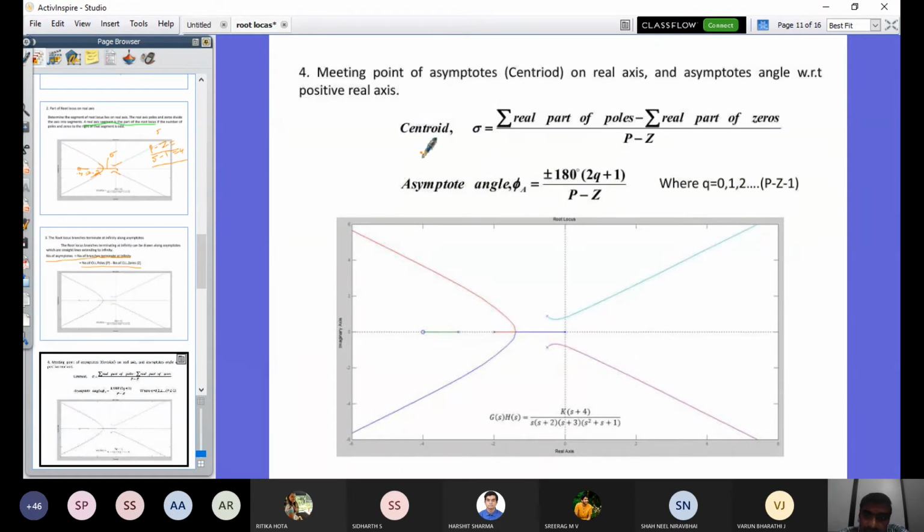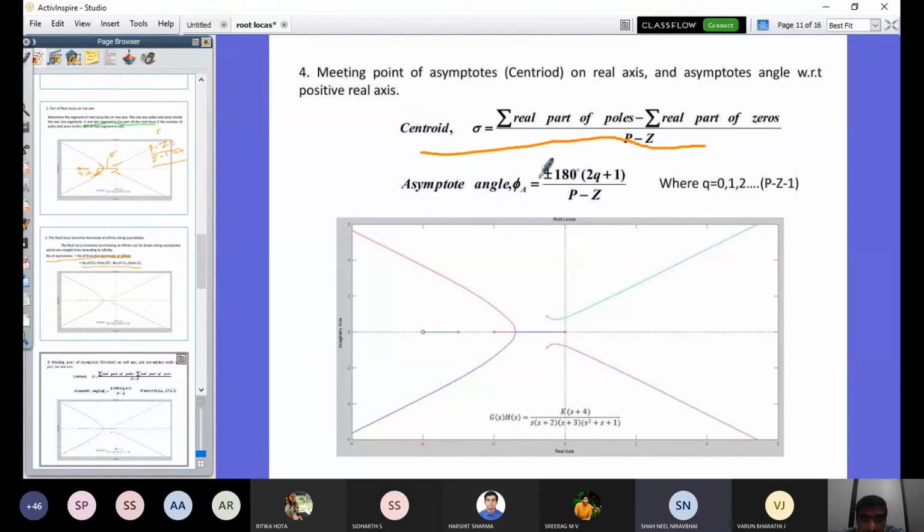We can find the centroid by using this formula: sum of real axis poles minus sum of real axis zeros, divided by p minus z. Any doubt in the centroid formula? No doubt, sir.